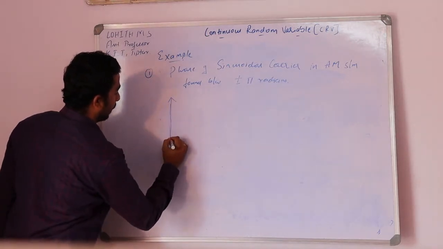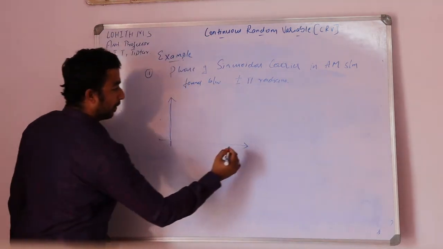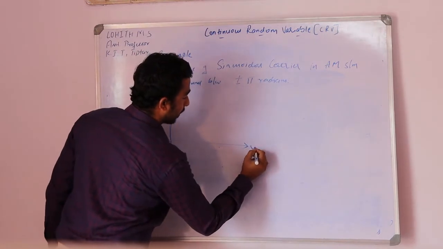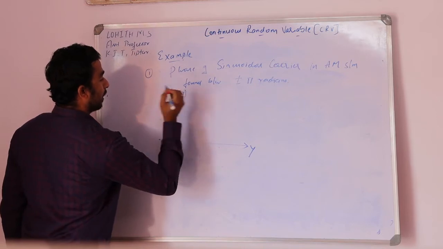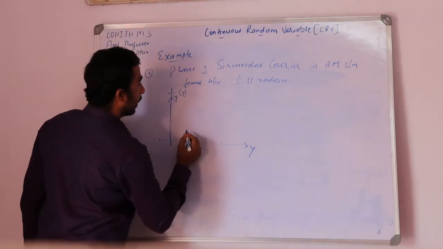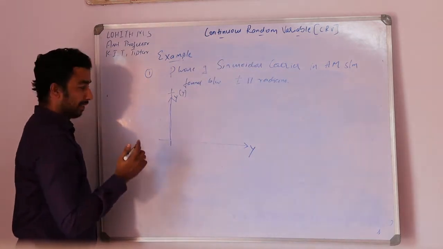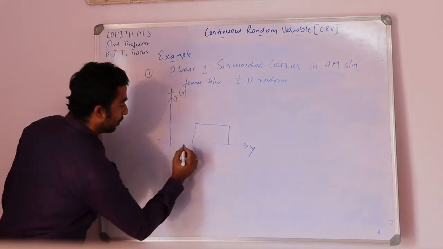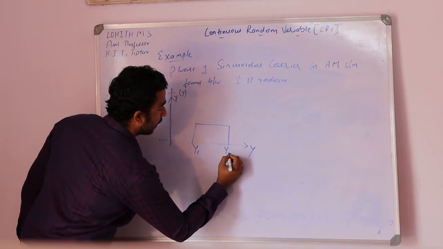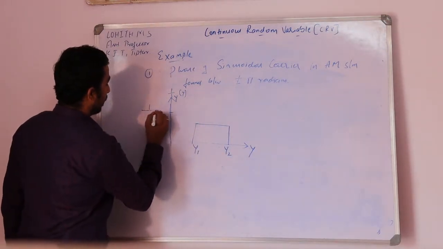The probability density function, as it is a probability density function, we will write it as fY(y) here. And as it is a continuous random variable, it will be in some interval. So we will take the phase in an interval between y1 and y2, and this will be equal to 1 by y2 minus y1.